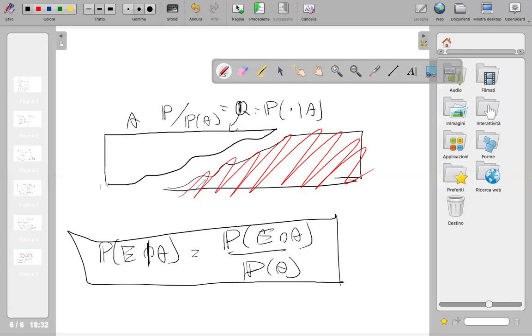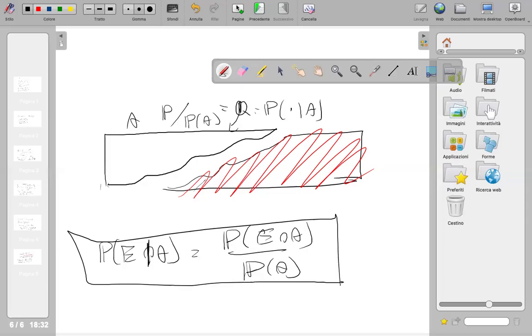Sorry, let me first try to compute this quantity here and see if we can simplify it. This is equal to the probability of the intersection divided by the probability of A. But this is by definition.